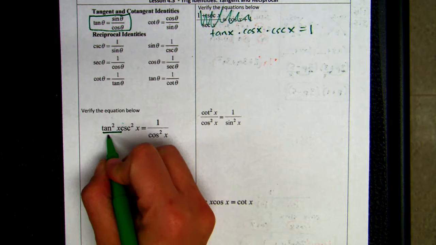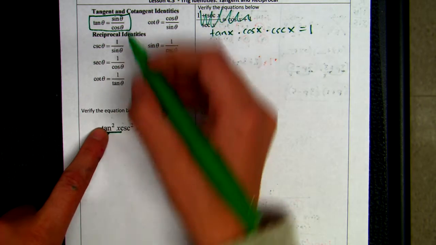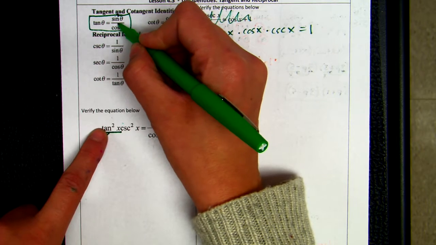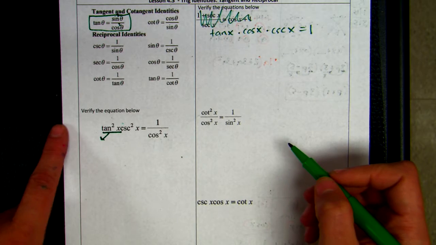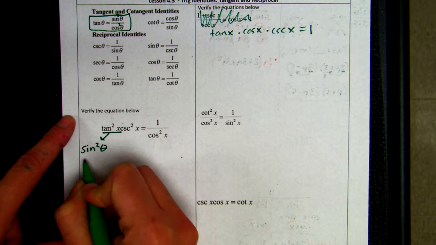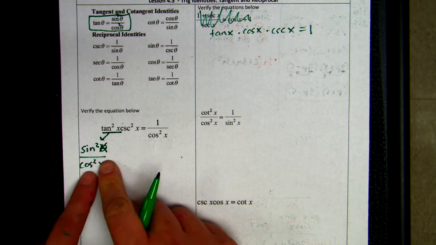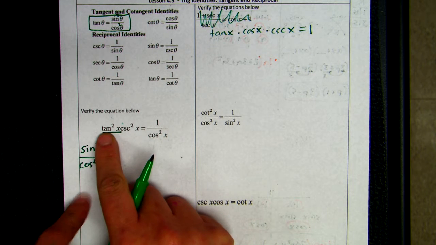Okay, so I'm going to write that first. The tricky part here is the squared. If this tangent is squared, it just means that the sine and the cosine will be squared as well. So this should be sine squared of x over cosine squared of x. Okay, that's for my tangent of x.